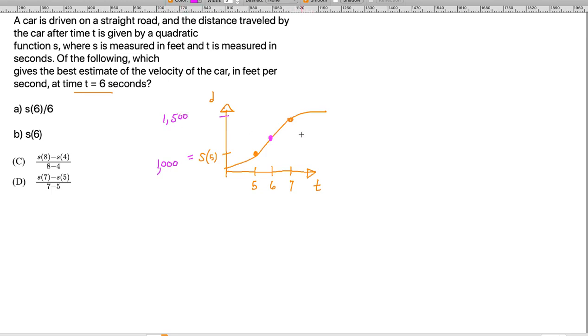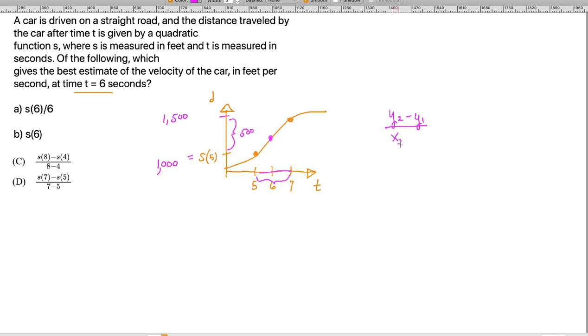Now, what would be the car's average velocity? It went 500 feet in that time period. That's the change in distance, y2 minus y1, over the change in time. It went 500 feet in a 2-second time period.